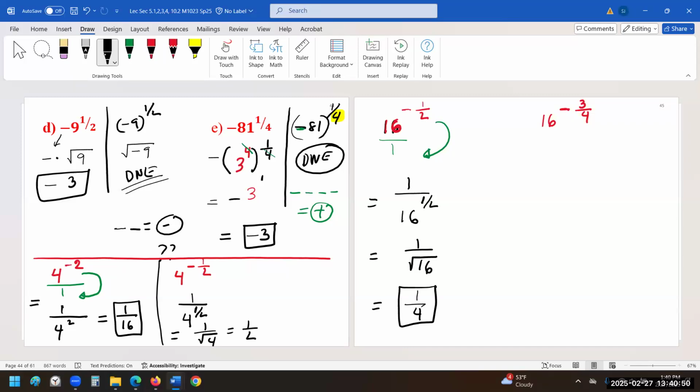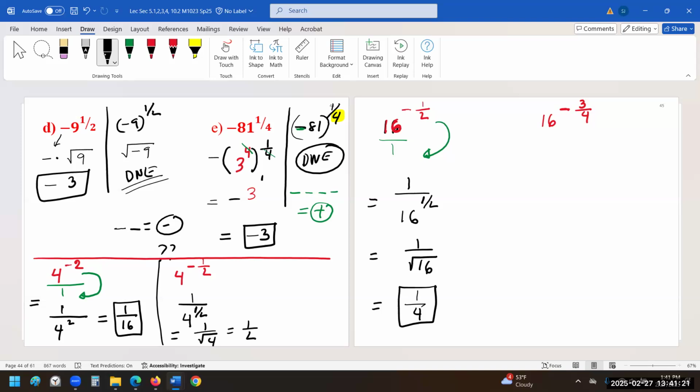But the next one doesn't have any square root. For negative, yes, negative power means a fraction. Now for the next one, we don't have a square root, so don't convert. Instead, rewrite your base. So here we do 2 things: 1, the negative, and 1, the denominator.